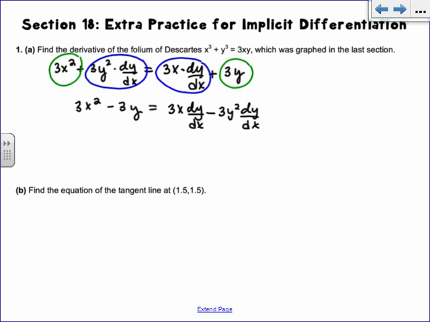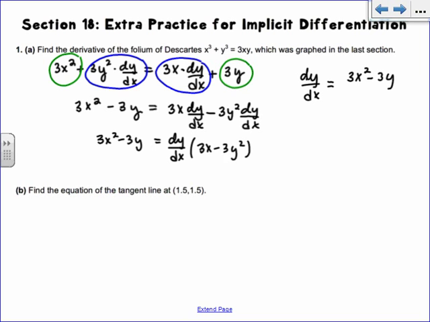When we do that, that allows us to pull out a dy over dx. So we'd have 3x minus 3y squared. So your final answer then is going to be dy over dx, and you're going to take the 3x squared, I guess not final answer all the way, and divide by the 3x minus 3y squared.